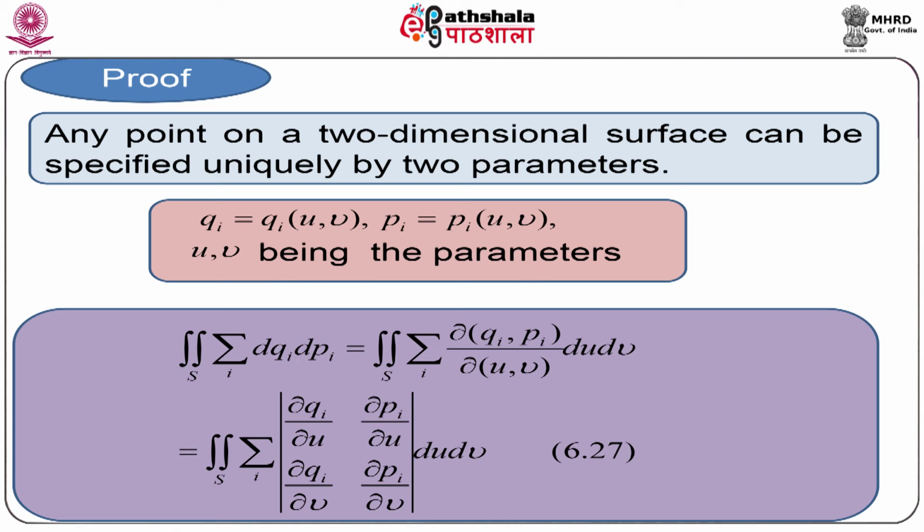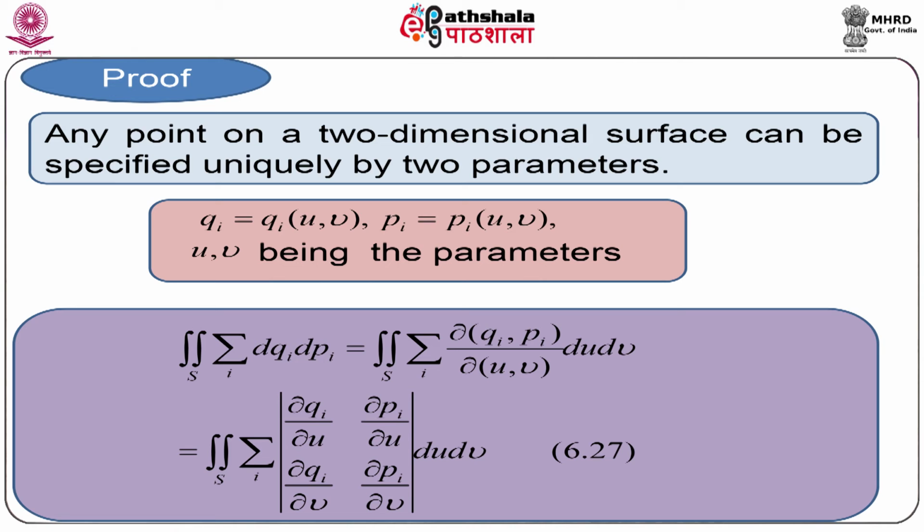In a two-dimensional surface, any point can be uniquely specified with the help of two parameters. Let u and v be the two such parameters.